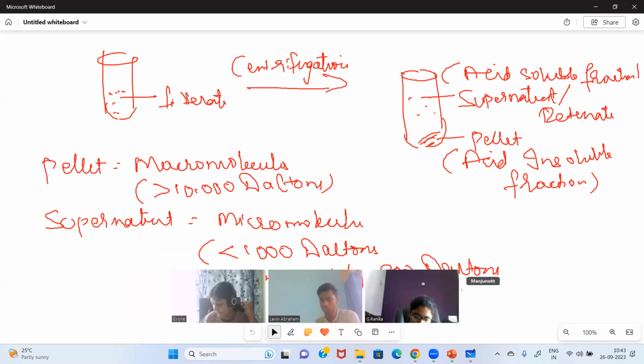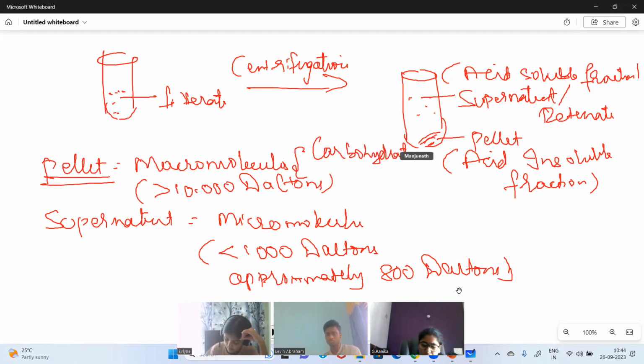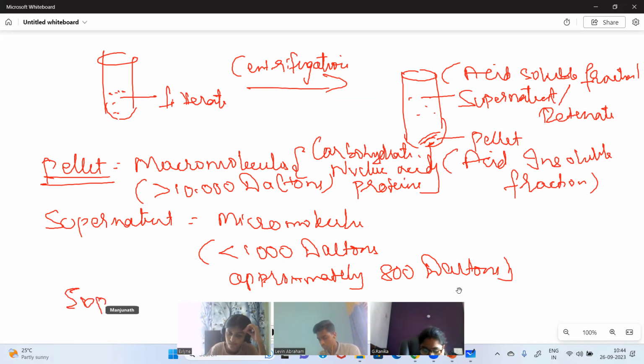So which are the biomolecules you find in the macromolecule fraction, that is the pellet? You find carbohydrate, you find nucleic acid, and you also find proteins. But there is an exception here. The exception is the lipids.